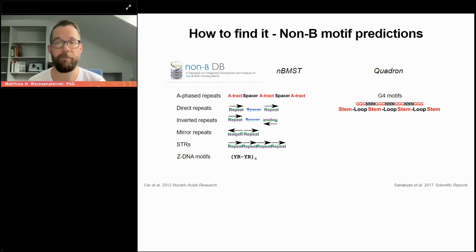So algorithms have been developed to detect these motifs from just the DNA sequence. And by that, you can get an idea about how common these motifs are. It's important to say here, though, that this is just a theoretical prediction. So meaning that you have a motif potentially forming these structures or any given structure, but it doesn't tell you anything about the in vitro or in vivo forming of these structures. So for these, other methods are needed.